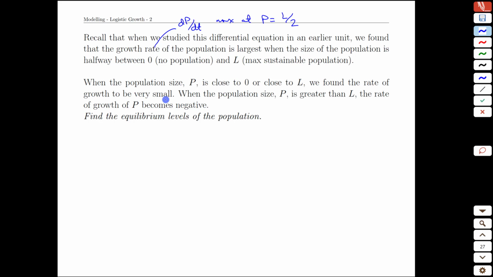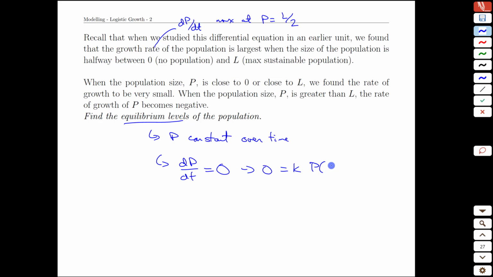In fact, we can formalize that a little bit by looking at equilibrium levels, which are populations that remain constant over time, populations that if you start there, you stay there forever, which translate to populations which satisfy constant means zero derivative. We can use our differential equation with our derivative being set equal to zero.